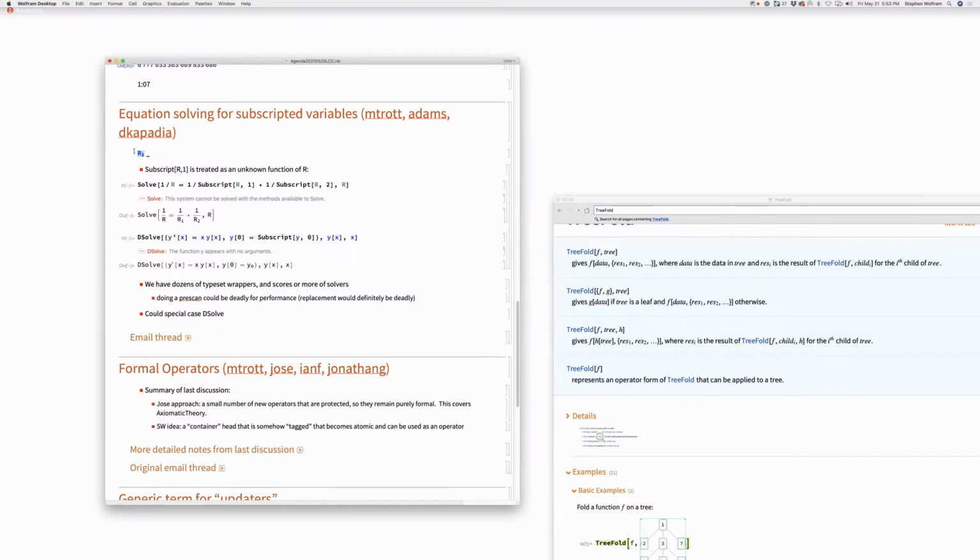We have subscript, superscript, subsuperscript, overscript, overbar, superstar. I could go on. We have a bunch of typesetting constructs. The question is, should a typesetting construct be considered a black box thing? I would have thought that would be the natural assumption, and we never did that. We've had these typeset constructs since version 3, but we've never done it that way.